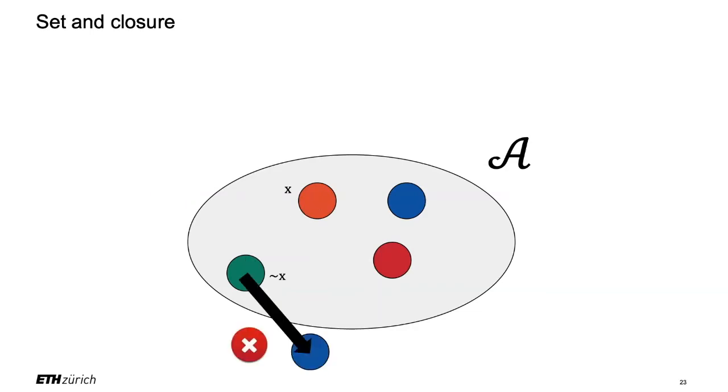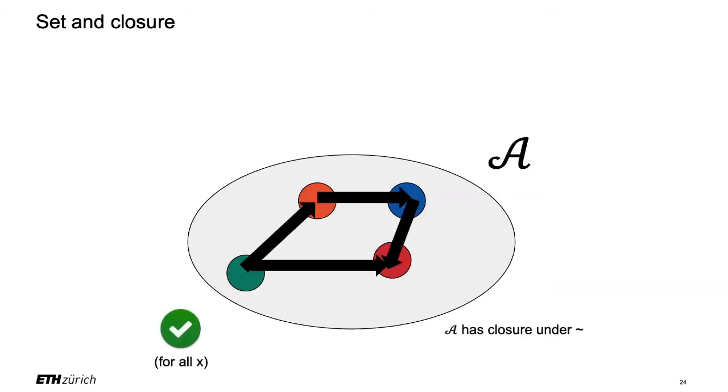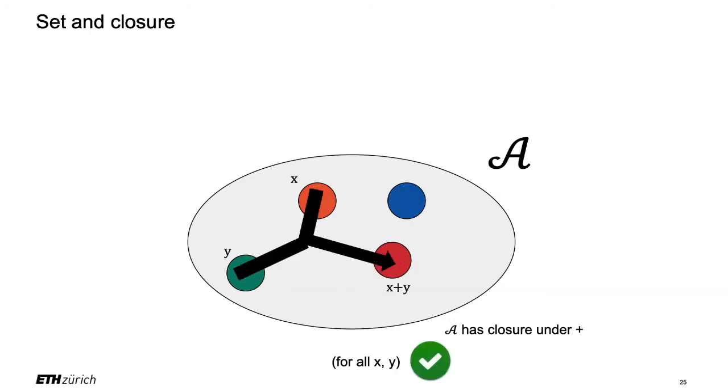This is an example of outside, right? So we need the concept of saying that A has closure, or is closed under tilde. What that basically means is that whenever you apply tilde to an element in A, you stay in A, right? It never leaves the set. So we say that it has closure, right?